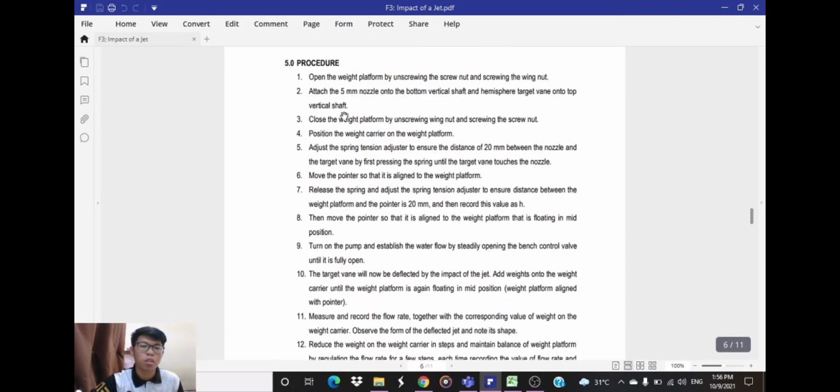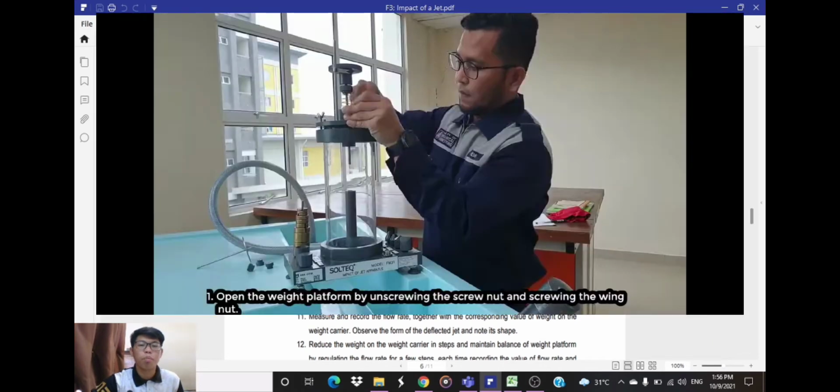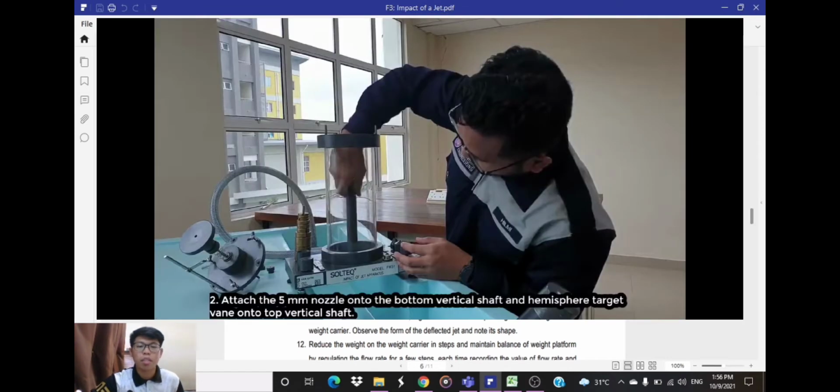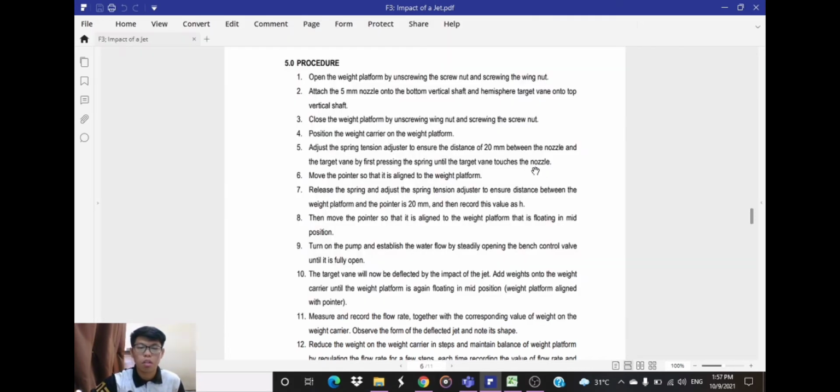For the procedure, step 1, open the weight platform by unscrewing the screw nut and screwing the wing nut. Step 2, attach the 5mm nozzle onto the bottom of the vertical shaft and the hemisphere target vane onto the top of the vertical shaft.